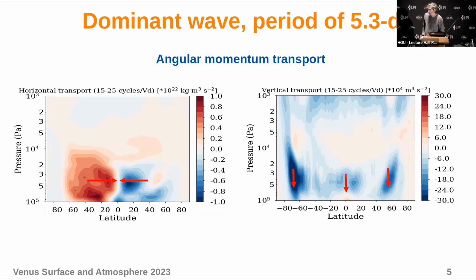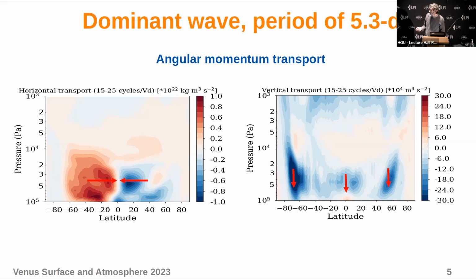This wave is a very important player in terms of angular momentum transport. You can see on the left the horizontal angular momentum transport, mostly in the middle cloud layer, between 10^5 and 10^4 Pascal here. So it transports angular momentum towards the equator.